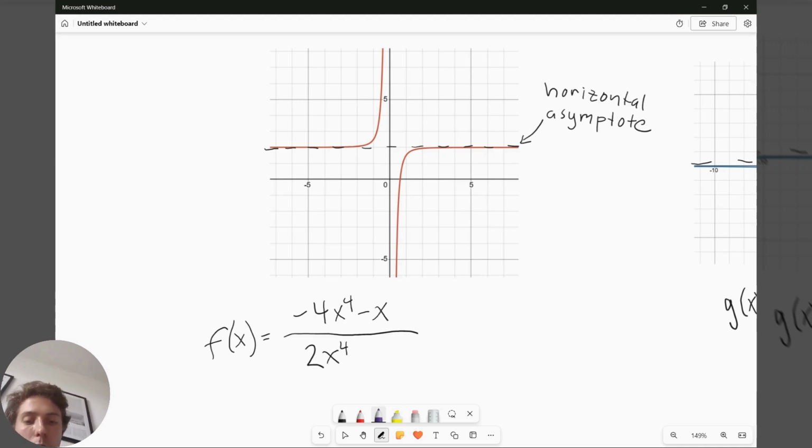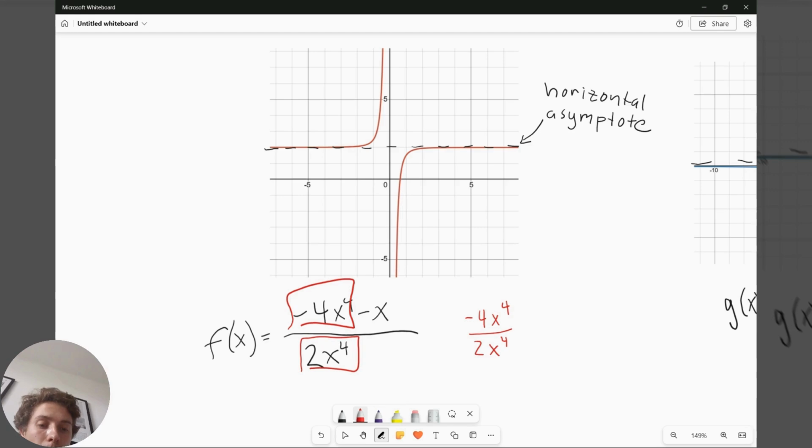Well, what I know is I want to look at the leading terms, and my leading term on top is negative 4x to the 4th, and on bottom it's just 2x to the 4th. So if I were to just look at those two in some sort of fraction and start to compare their degrees, well, the degrees in this case end up canceling, and all I'm left with is negative 4 over 2.